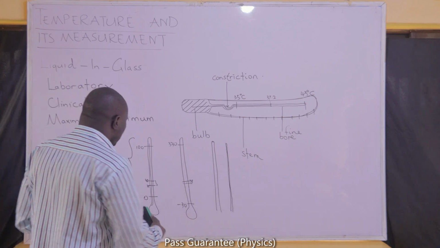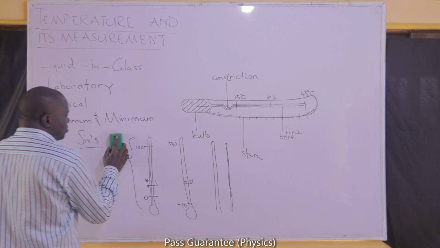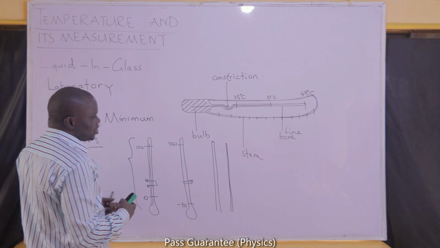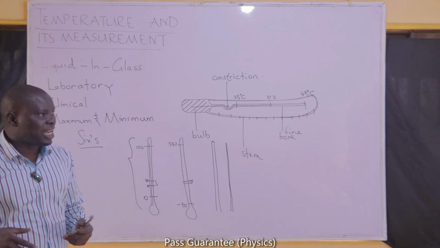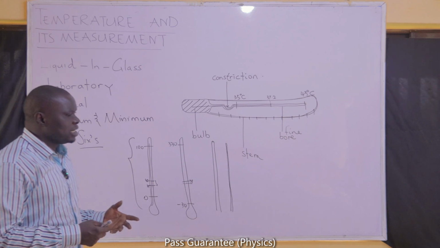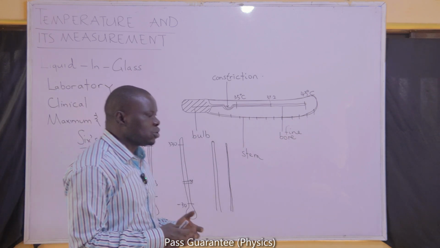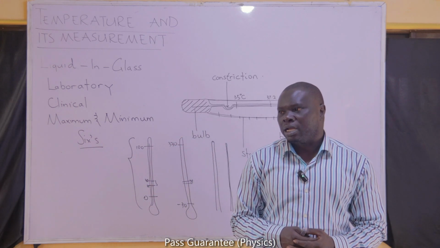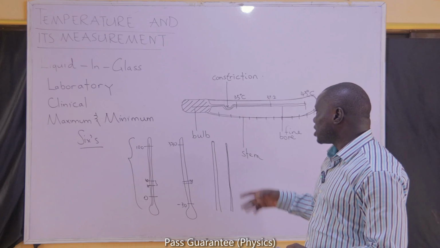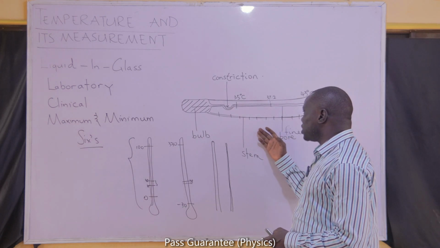We move on to the maximum and minimum thermometer. Before we move on, there's also another question that you can have on the clinical thermometer: how do we sterilize a liquid in glass thermometer? Normally, we sterilize objects by putting them in hot water or lukewarm water. But we cannot sterilize a clinical thermometer by putting it in hot water.